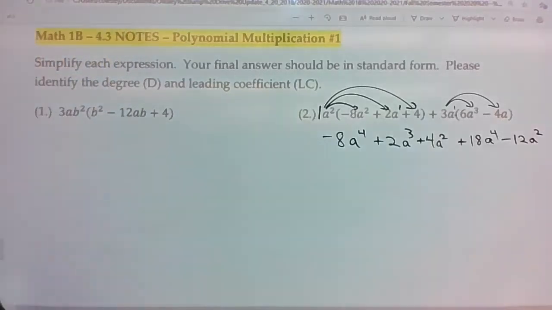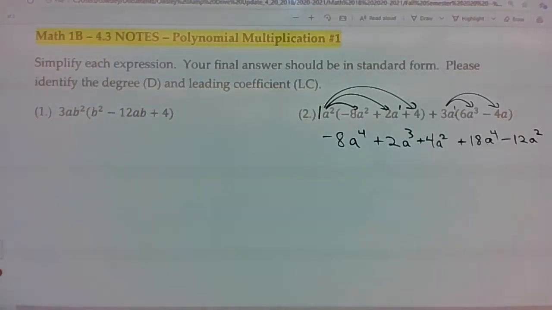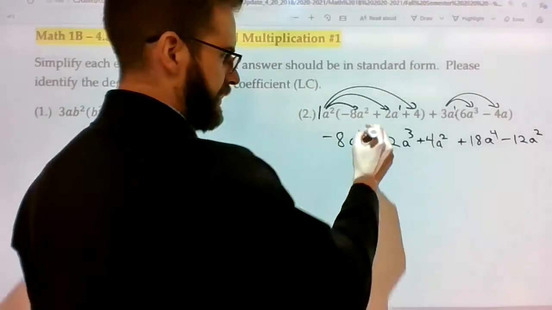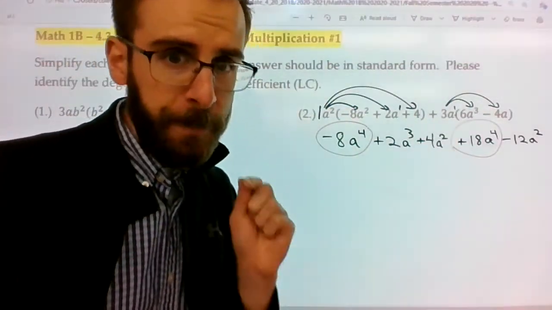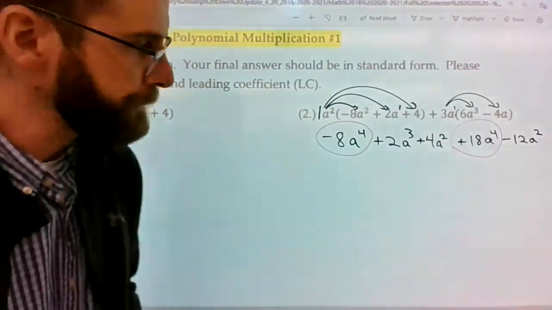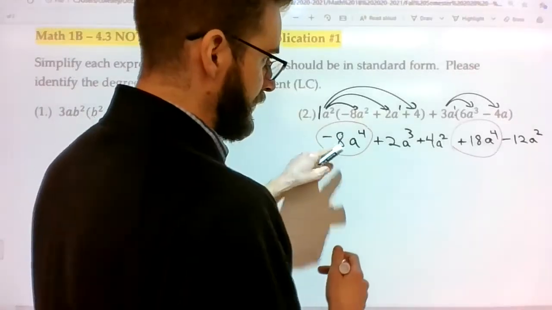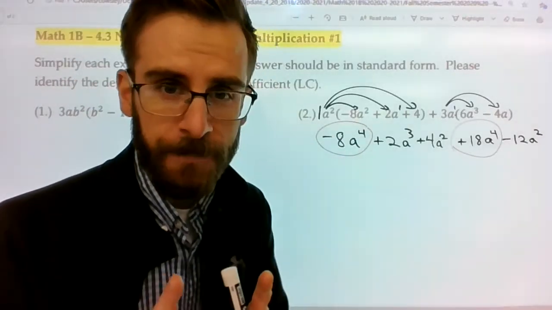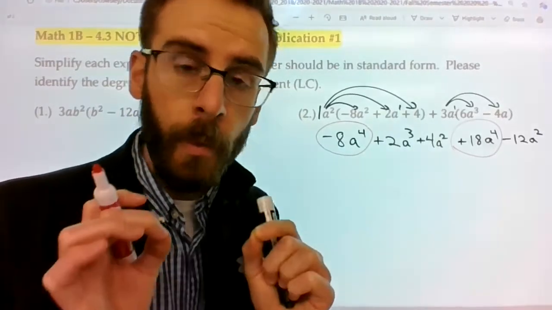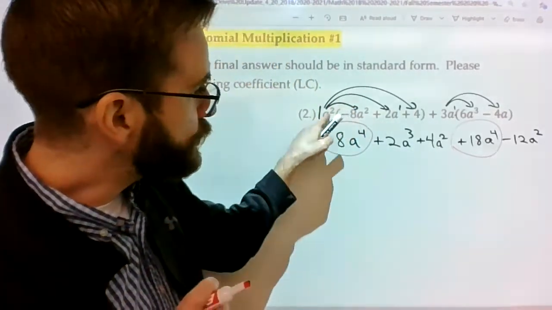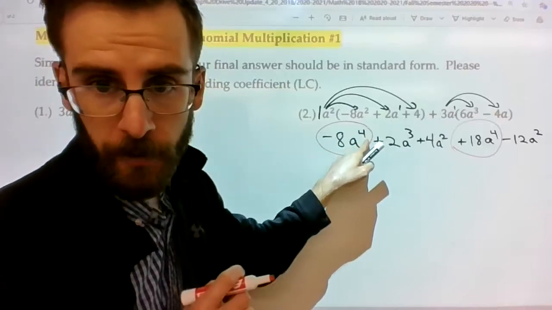Now, don't stop there. If you'll notice, I have an a to the 4th term here and an a to the 4th term here. Those two should be combined with one another. Now, here's where things get a little tricky. You have to really, in your brain, separate the rules. When you multiply, you can change the exponent.